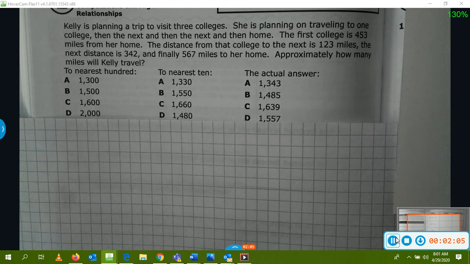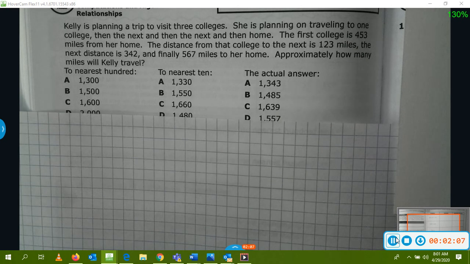Kelly is planning a trip to visit 3 colleges. She is planning on traveling to one college, then to the next, and then the next, and then home. The first college is 453 miles from her home. The distance from that college to the next is 123 miles.